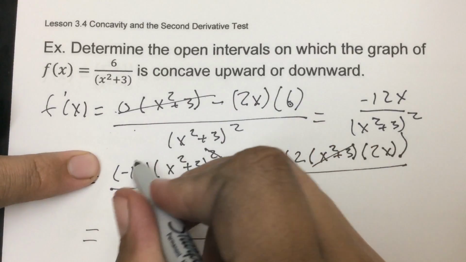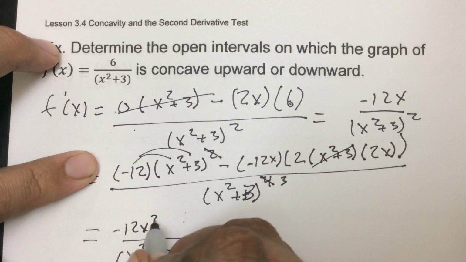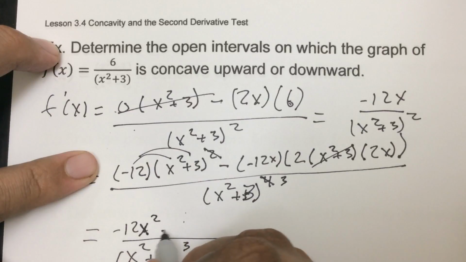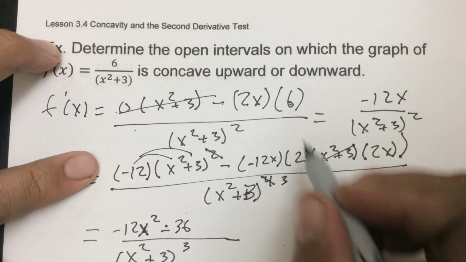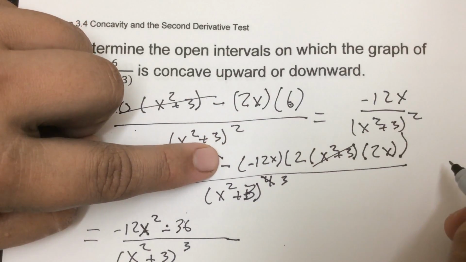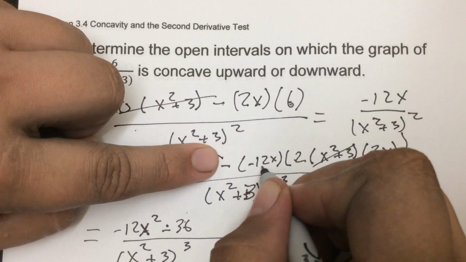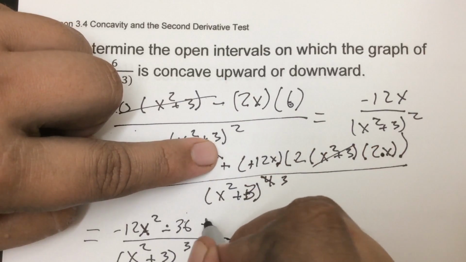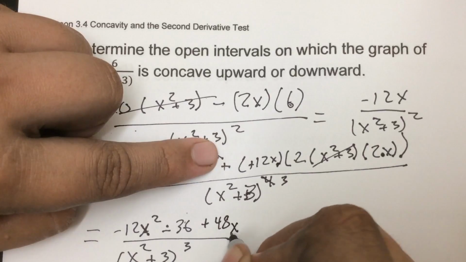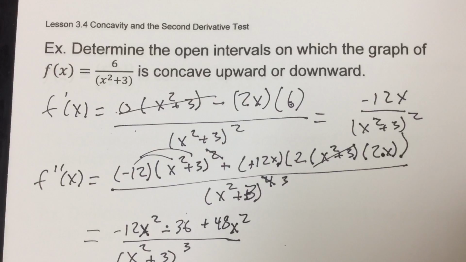Now this first part, then we can distribute the 12 in and have negative 12x squared minus 3 times 12 would be 36. Here, well, 2 and 2x would be 4x. 4x times 12x would be 48x, and the negatives cancel, so plus 48x squared, because that is an x and an x.